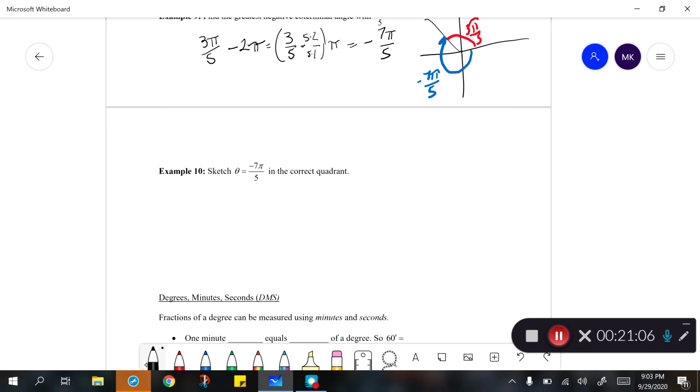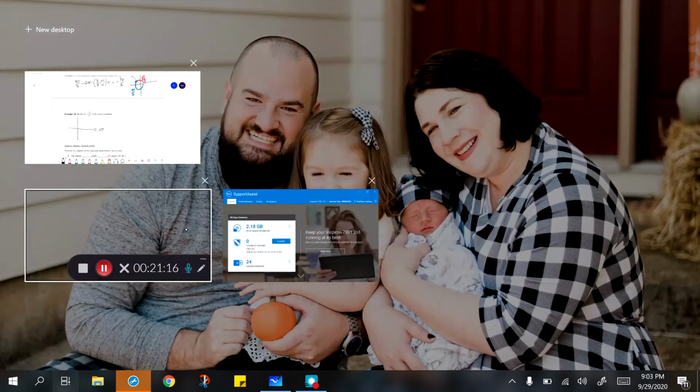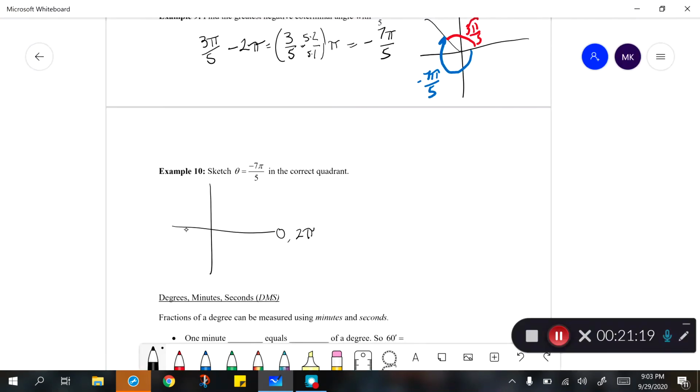Well, let's think about our full axes. Here, this would be 0 or 2 pi. Halfway over would be pi, because if going all the way around is 2 pi, going halfway around must be 1 pi.